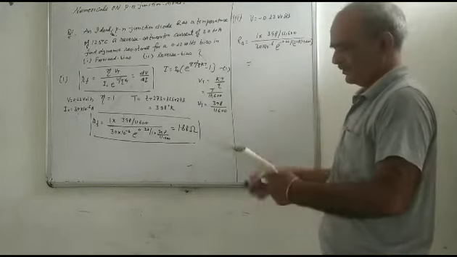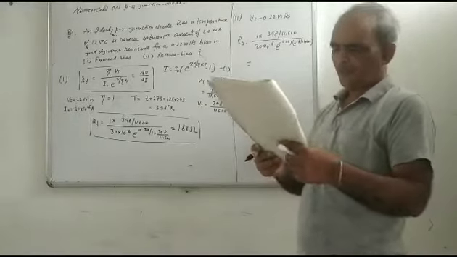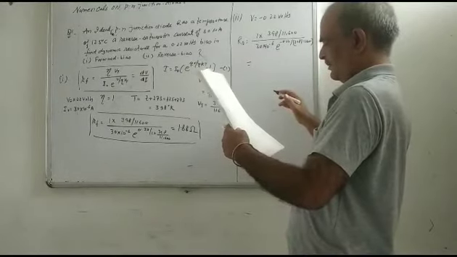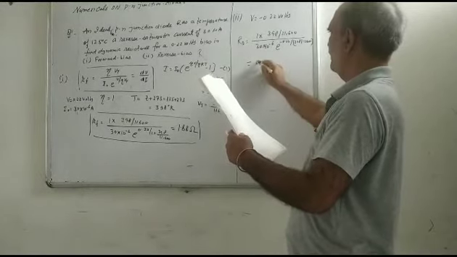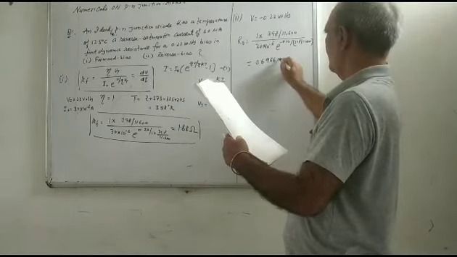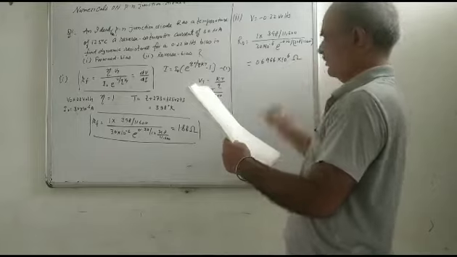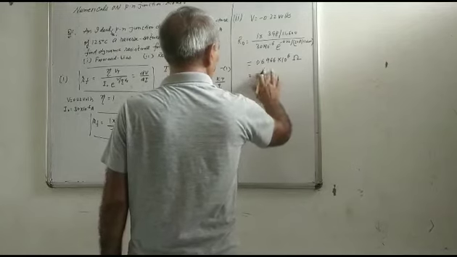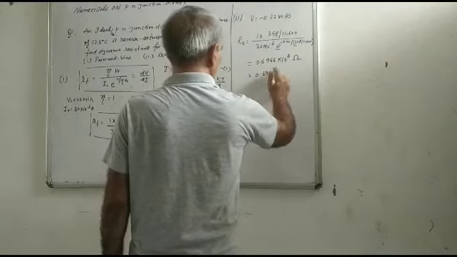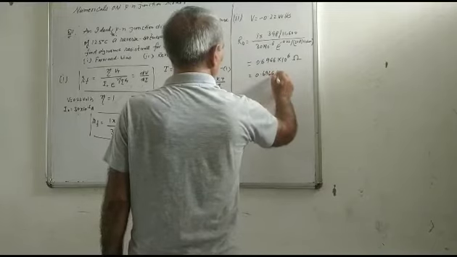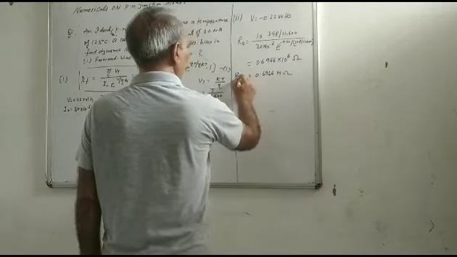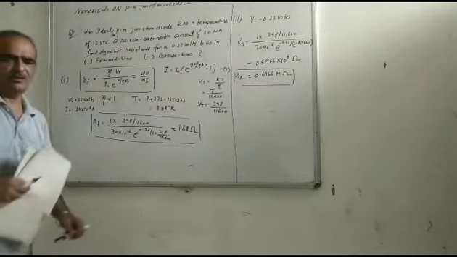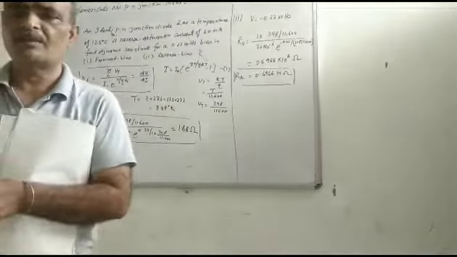After calculating, this value is 0.6966 into 10 to the power 6 ohm, or 0.6966 mega ohm. This is in mega ohm when reverse bias. So reverse bias resistance is 0.69 mega ohm, or approximately 0.7 mega ohm.